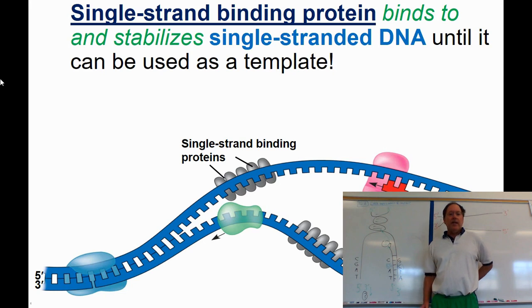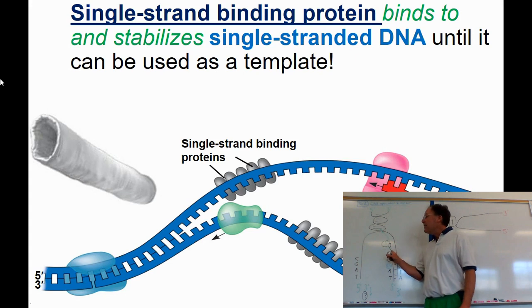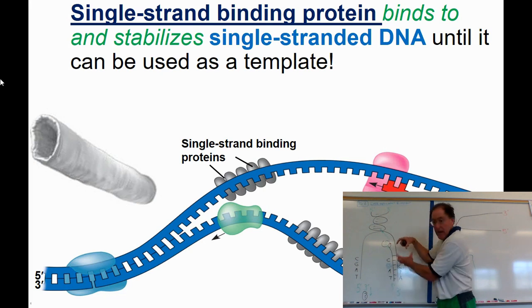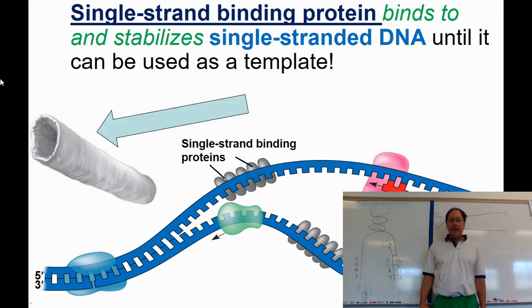They bind to and stabilize single-stranded DNA until it can be used as a template, meaning for the next daughter strand of DNA that comes in there. The next complementary strand of DNA in semi-conservative replication. And then I guess this whole new thing would be called a daughter strand of DNA, both sides eventually, versus the parent strand of DNA.